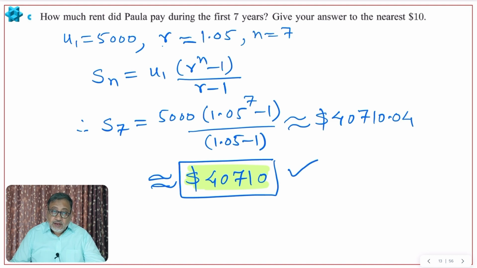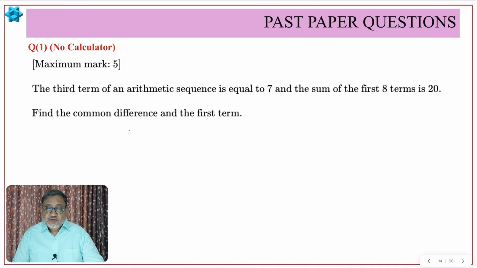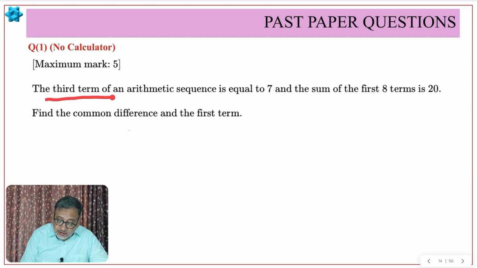Okay, now we will do the past paper questions. Few of them, they are very nice. Okay, I promised you. So look at the first question. It says the third term of an arithmetic sequence is equal to 7 and the sum of the first 8 terms is 20. Okay, let us write what is given. Third term of an arithmetic sequence, so U3 is 7.